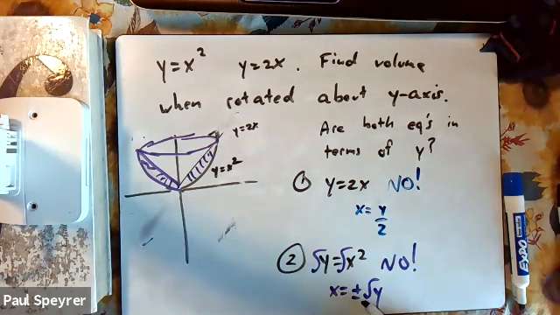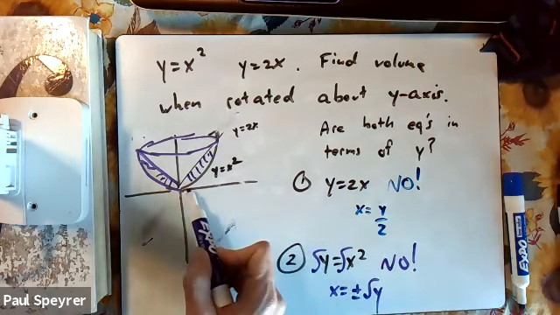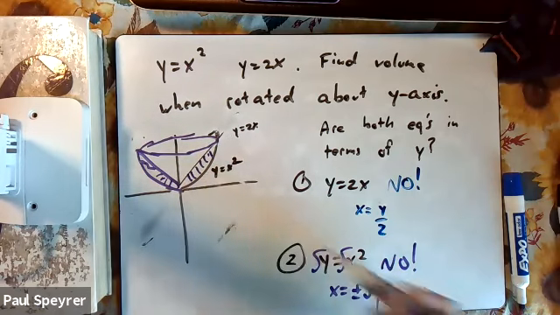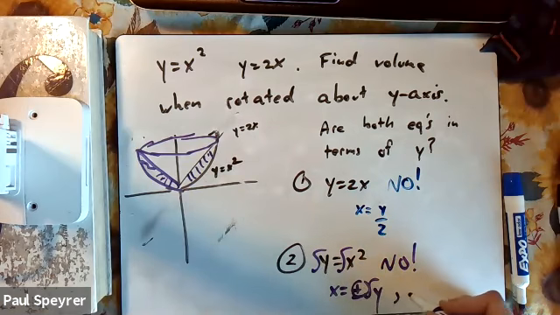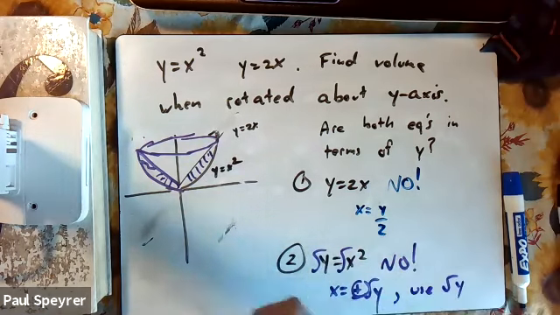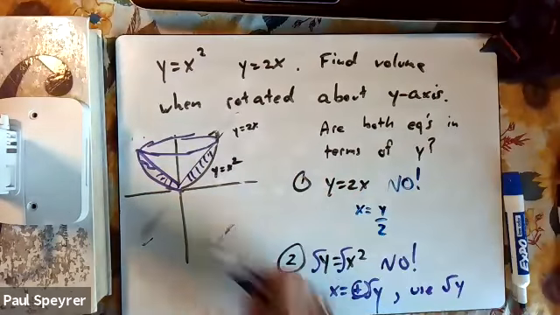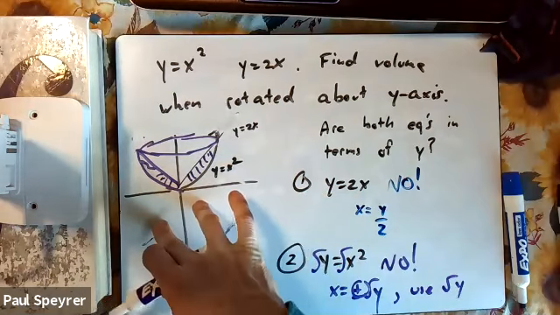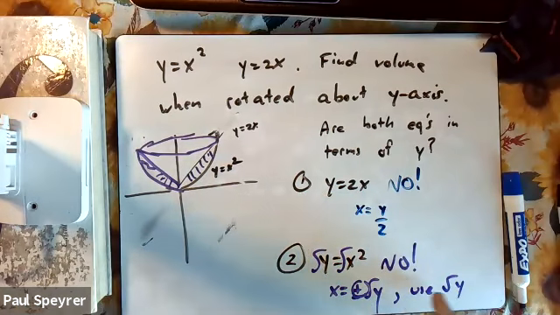So you got two equations. Which one do you use, the positive version or the negative? Well, because it's opening upward in the positive part of the y-axis, we're going to use the positive version. So we use root y. Again, if it was opening downward in the negative y region, the third or fourth quadrant, you would use negative root y.